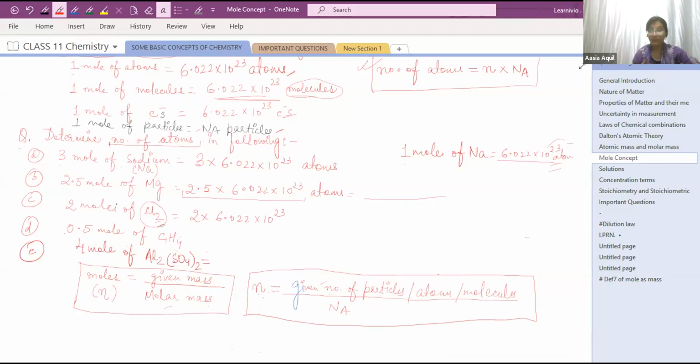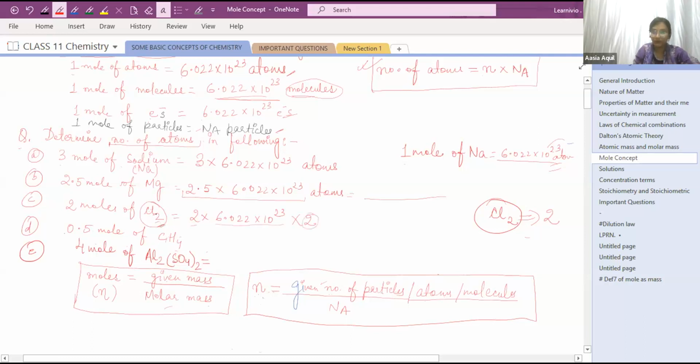So what do we have to do? Because in Cl2, how many atoms are there? 2 atoms. This is a molecule, right? So in Cl2, how many atoms are there? 2 atoms, right? So we have to multiply it by 2. So the number of moles into Avogadro number into 2, right?